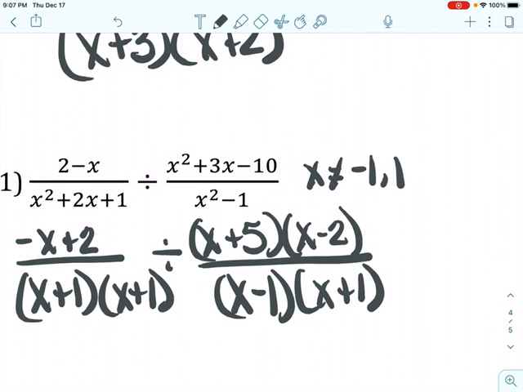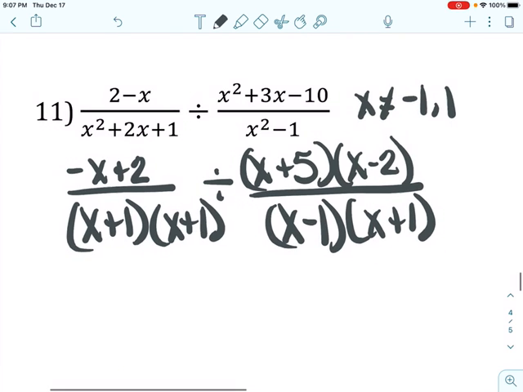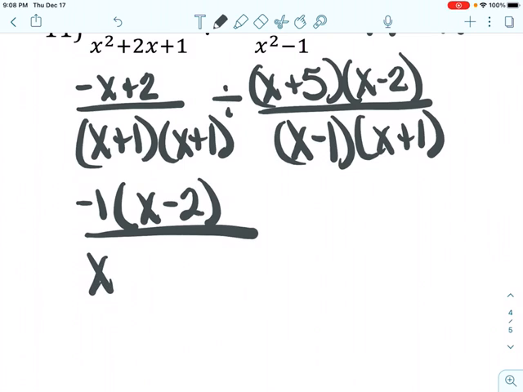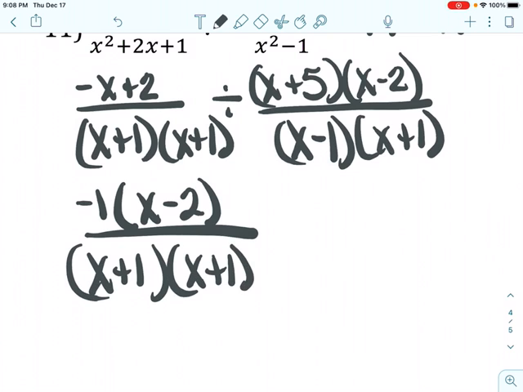So I get -1 and 1 at this moment. Now, before I flip that second fraction, up here in the numerator first, I'm going to take out that -1 so that I might be able to reduce that out or divide that out.